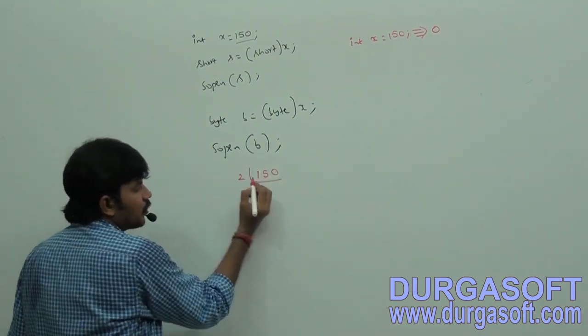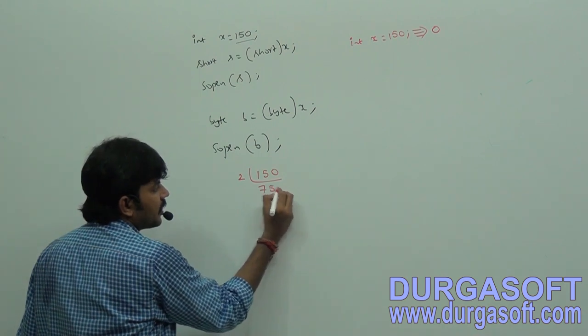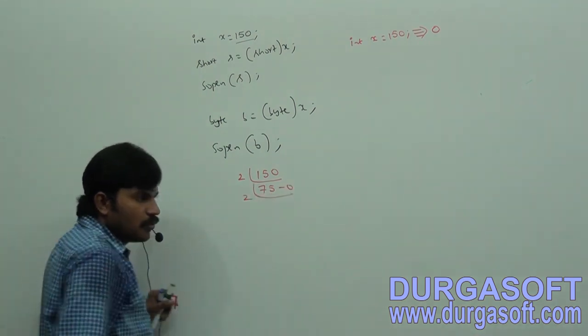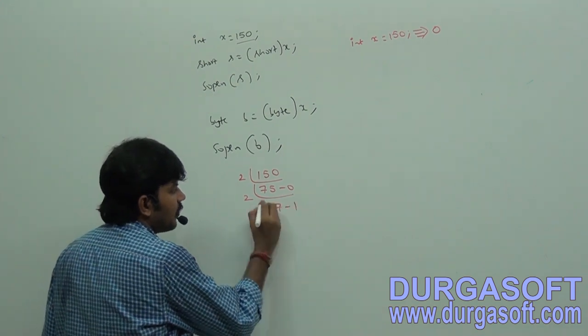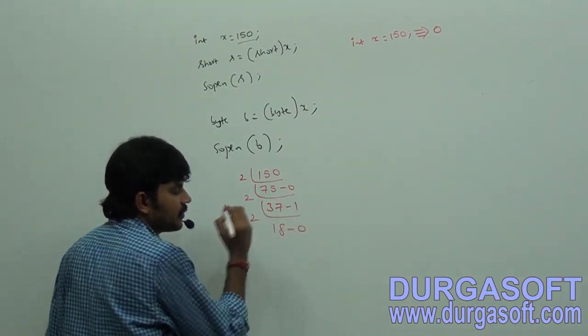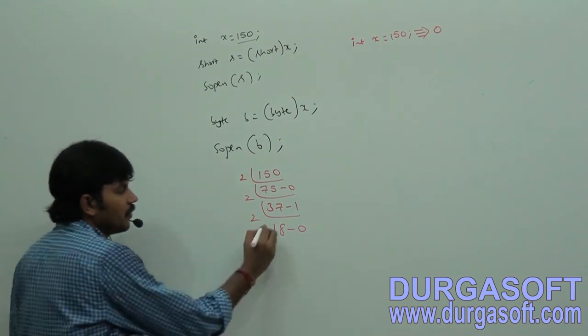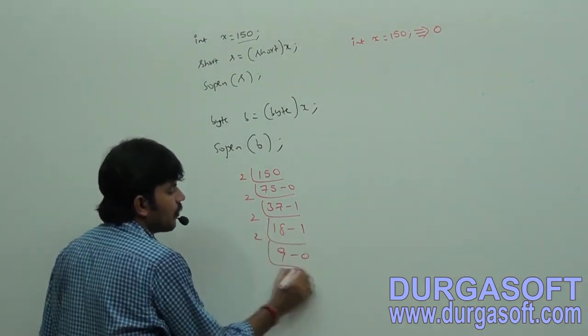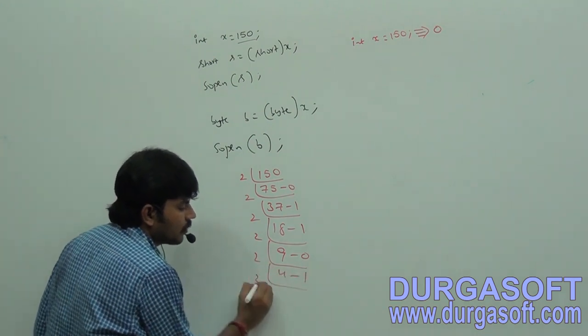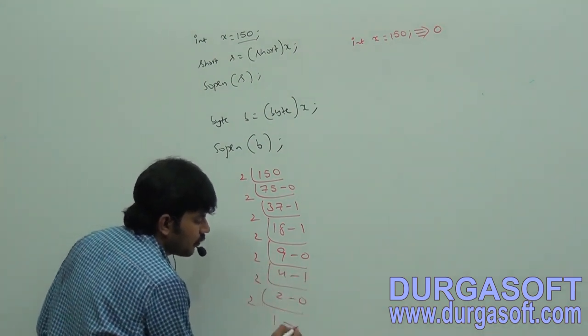Can you tell what that is? 150 divided by 2 gives 75 remainder 0, what's the next one? 37 remainder 1, 18 remainder 0, 9 remainder 0, 4 remainder 1, 2 remainder 0, 1 remainder 0.